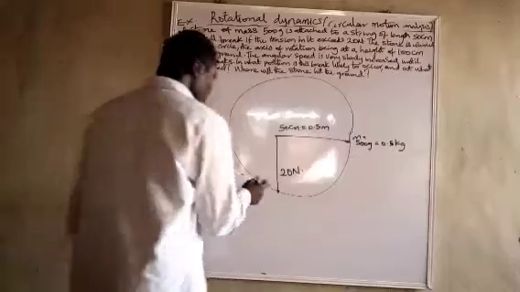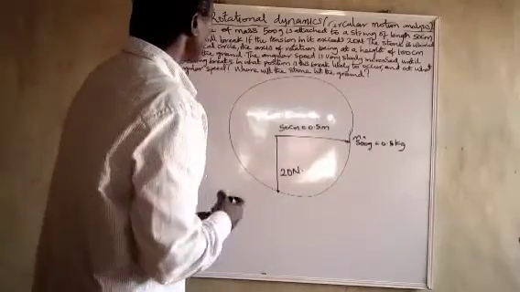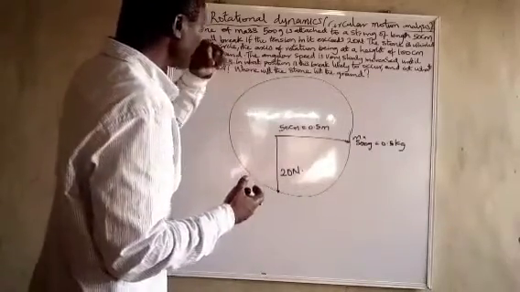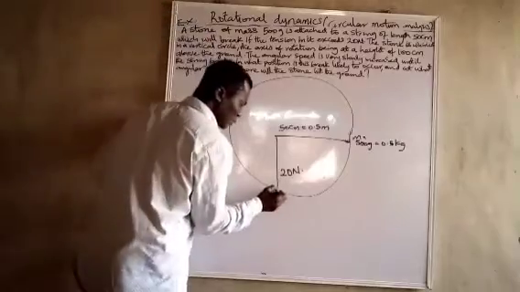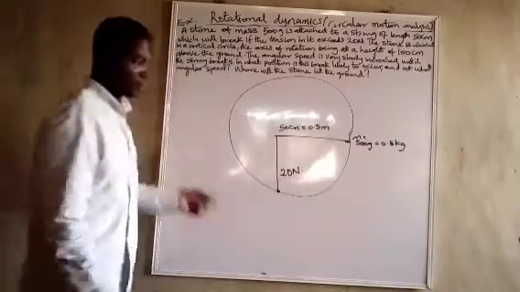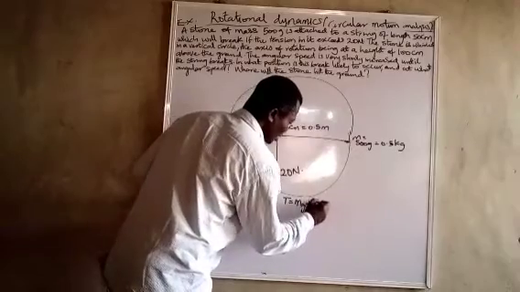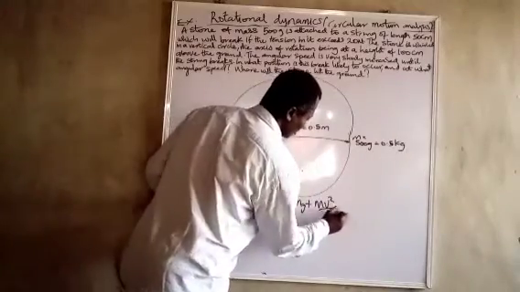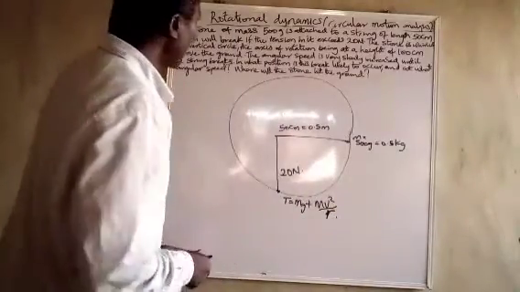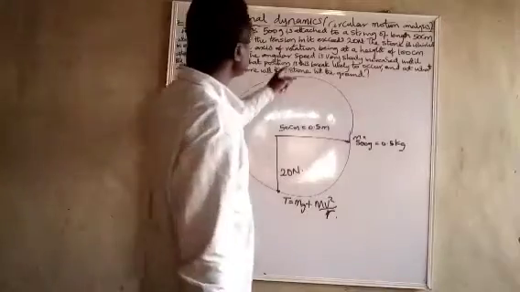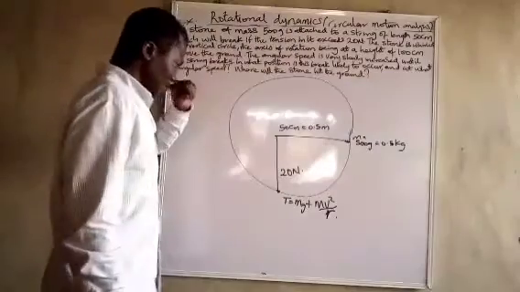We are asked, in what position is this break likely to occur? This is the position I think the break is likely to occur, because T at this point is equal to mg plus mv squared over r. That is one. It now asks, at what angular speed?